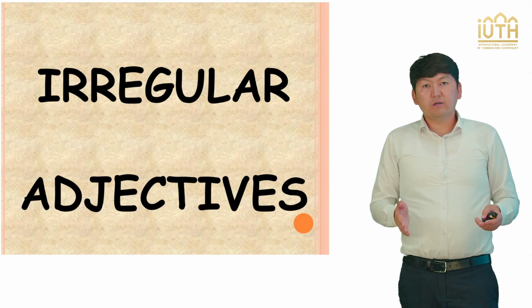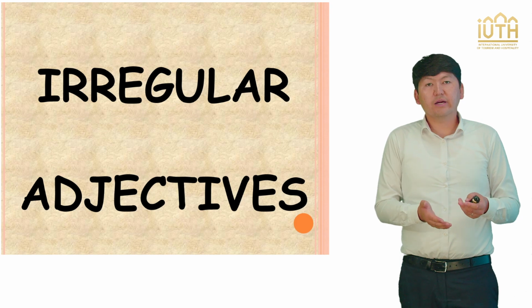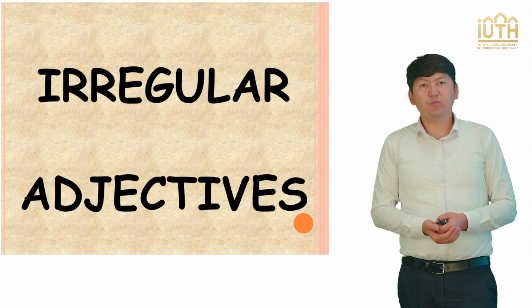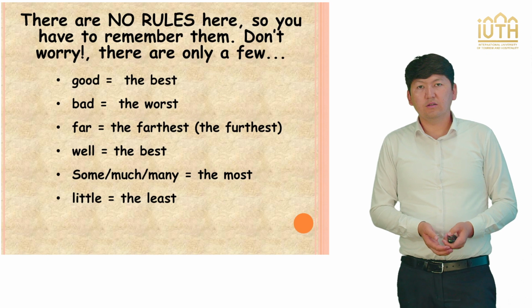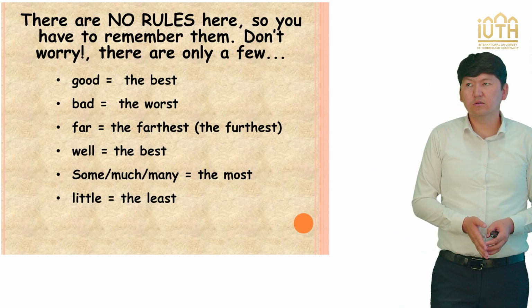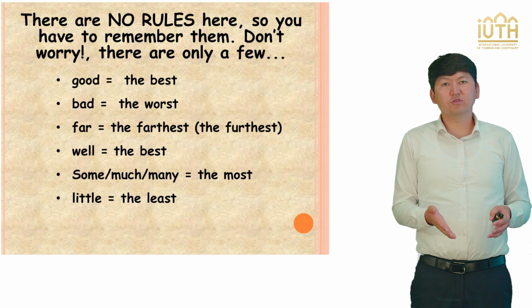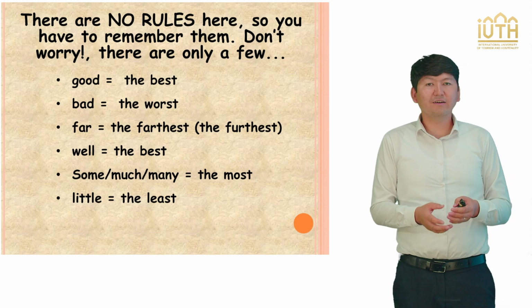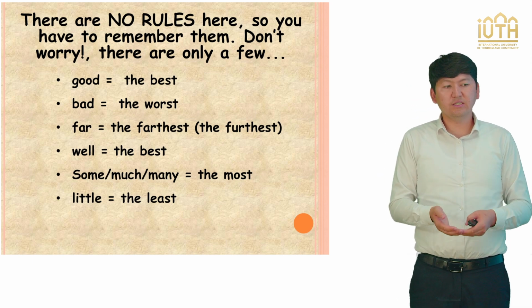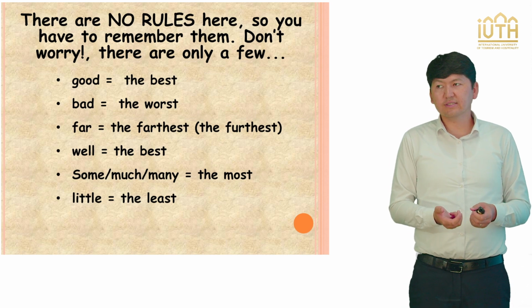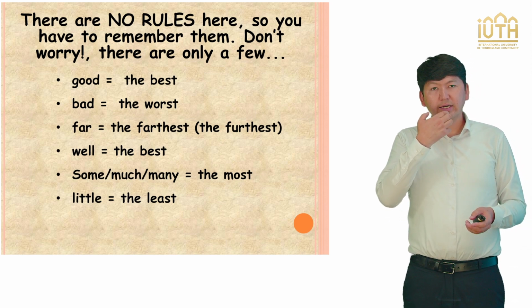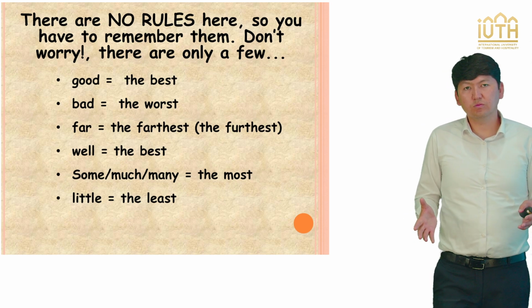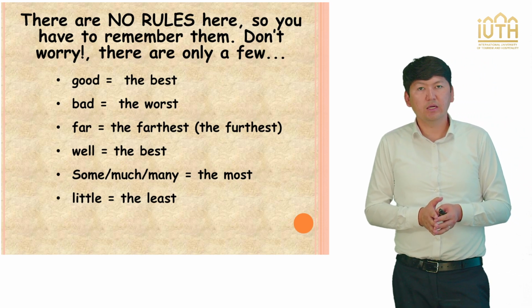And of course, there are irregular adjectives. There are no rules here, so you have to remember them. Don't worry, there are only a few. As you can see, here are about six words, and you have to memorize them.